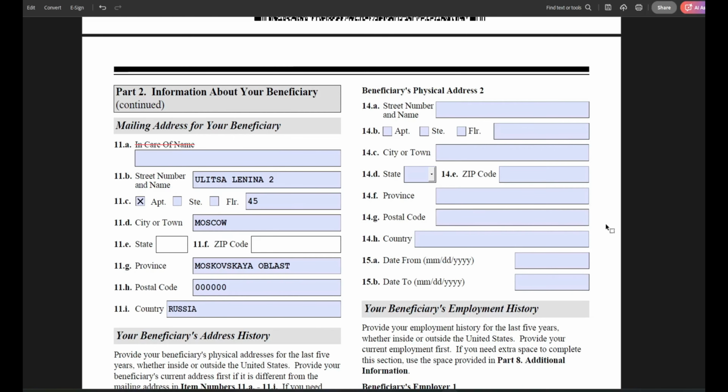And when writing your fiancé's foreign address, you can literally follow the address format of their foreign residence. You can just literally translate it to English the way their foreign address is.